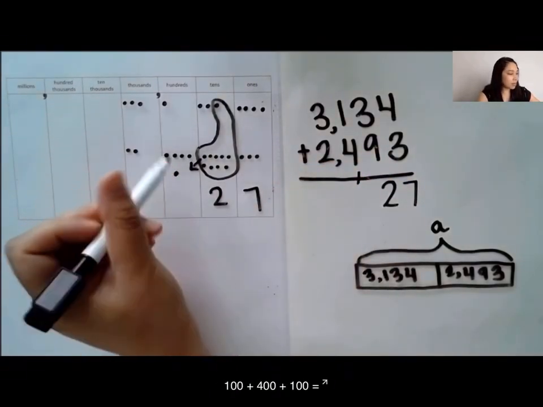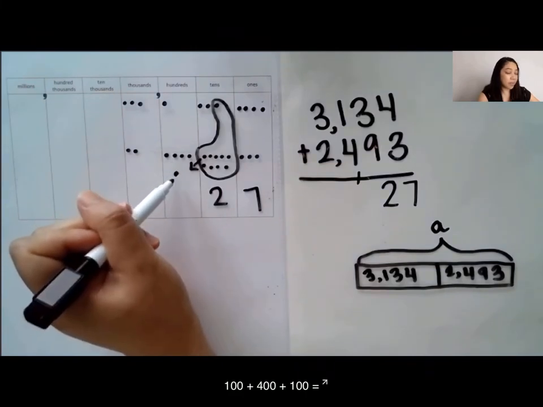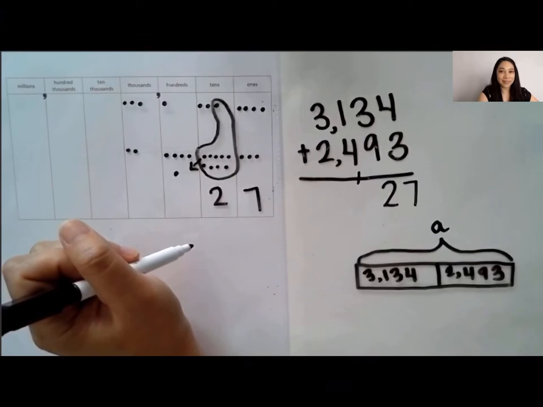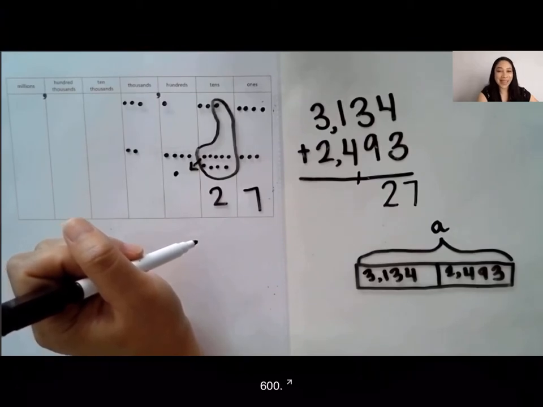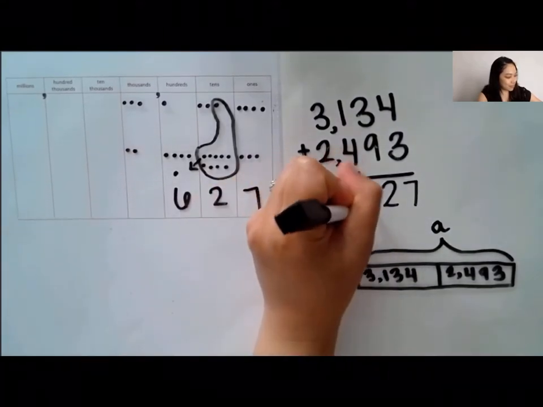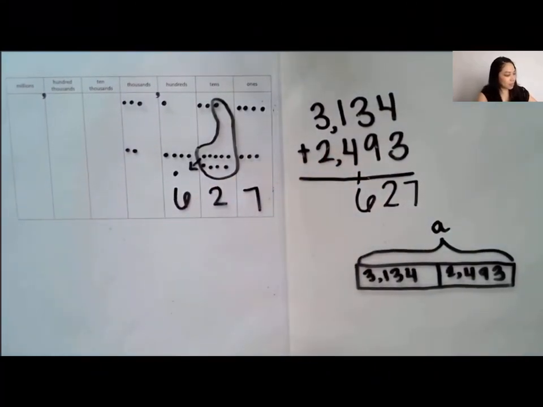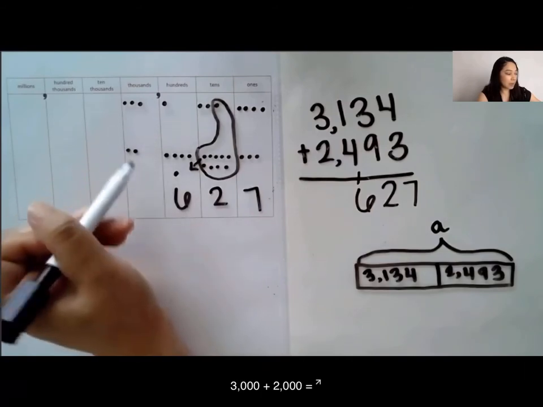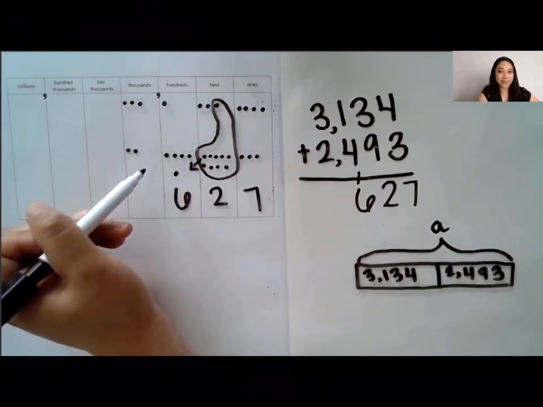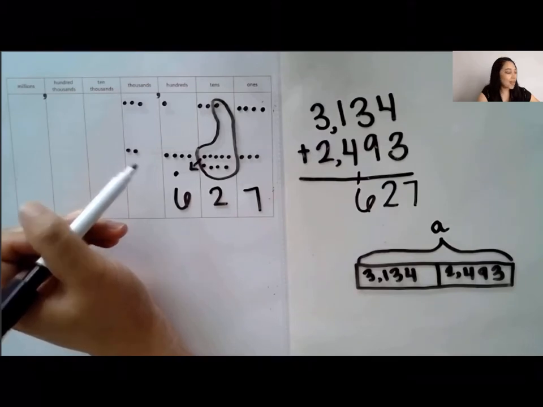100 plus 400 plus 100 equals 600. 3,000 plus 2,000 equals 5,000.